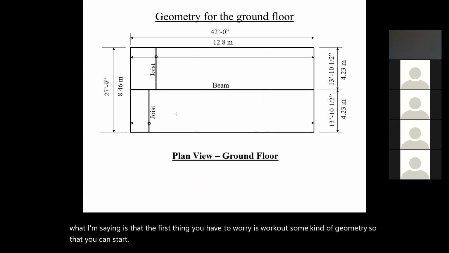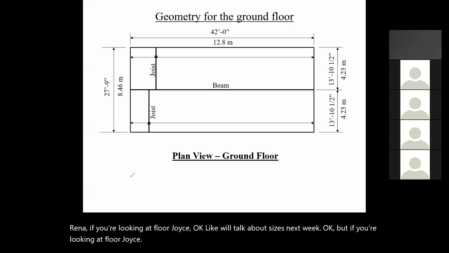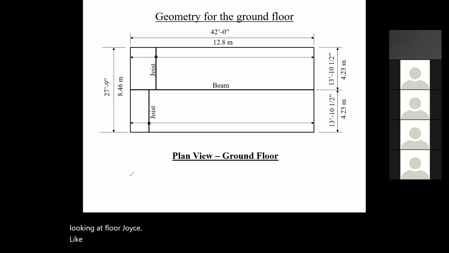Now, what is the biggest size of joist that we can get? Rena, if you're looking at floor joists, we'll talk about sizes next week, but are you talking about lengths or sizes? The length. The length, okay.